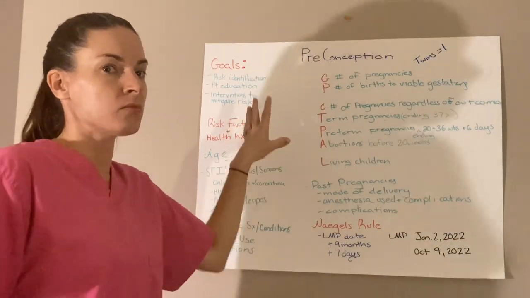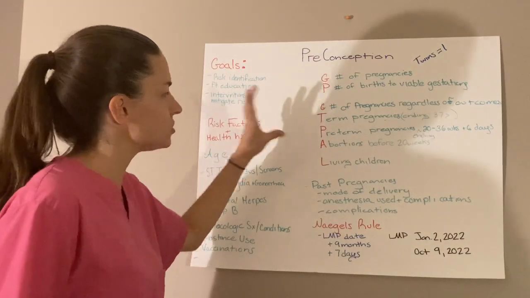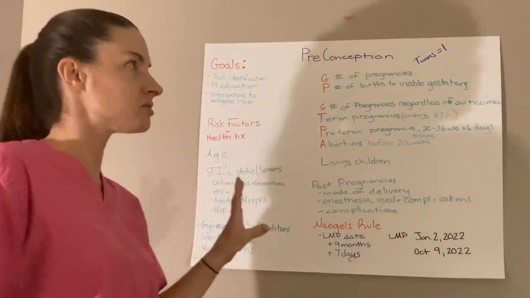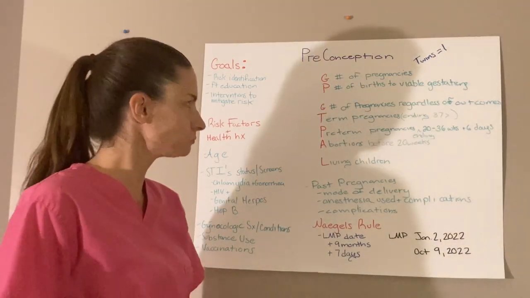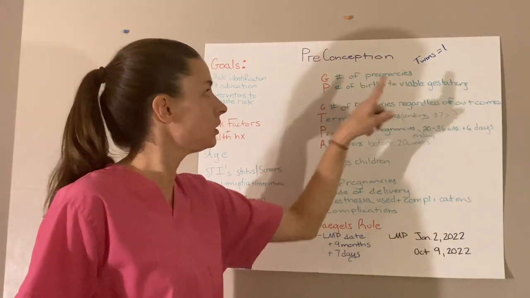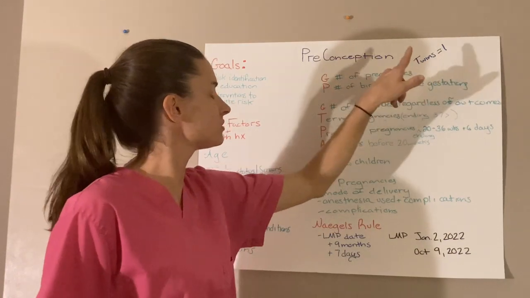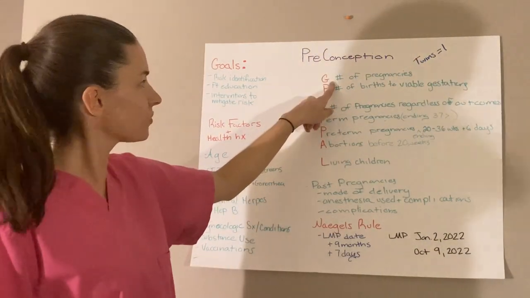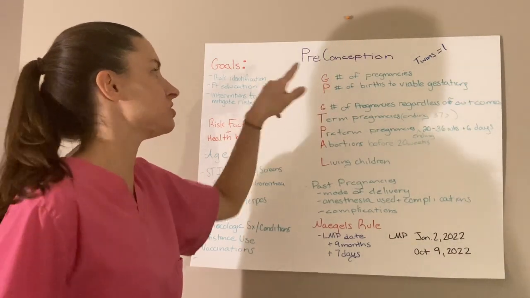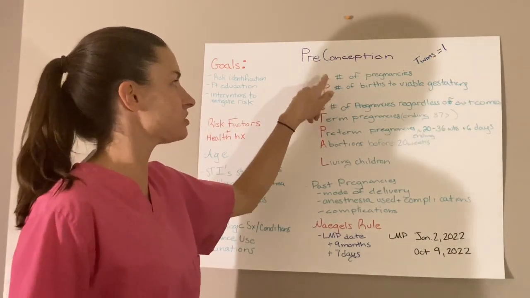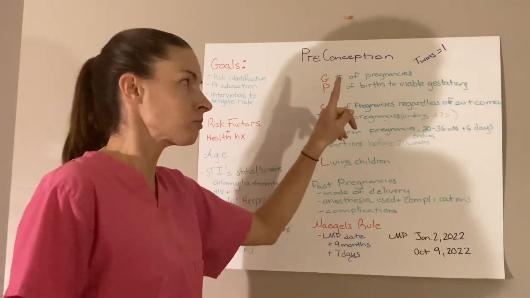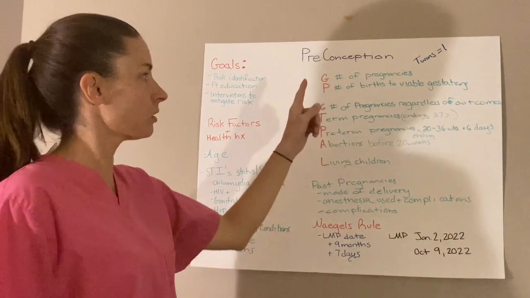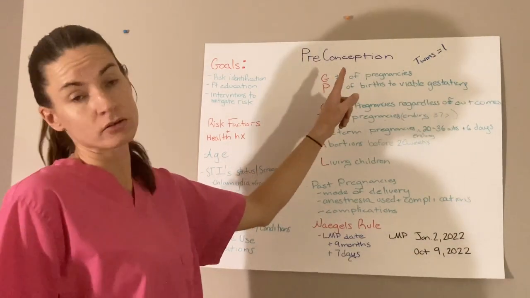So that prompts you to look at GTPAL. So it gives you all the information on their pregnancy history. One thing you need to remember is twins equal 1 pregnancy. So if you have twins, your G for those twins is going to count as 1. I believe twins count as 2 births, but you have 1 pregnancy.